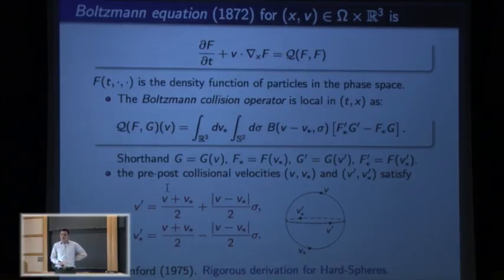In some situations, you cannot derive the equation. There's no known fully rigorous proof that I'm aware of of a derivation of the non-cutoff Boltzmann equation, which is the one I'm going to be talking about results about today. There are big problems in that area.